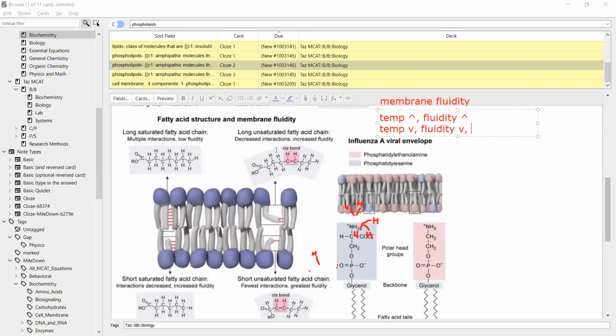When we say that we want to be less fluid, that means we want to pack together tightly. When the phospholipids pack together tightly, that's less fluidity because there are fewer gaps for them to move around. So if they're packing together tightly, should they be saturated and straight or unsaturated and kinked? Which one gives less space? If they're saturated or if they're unsaturated?